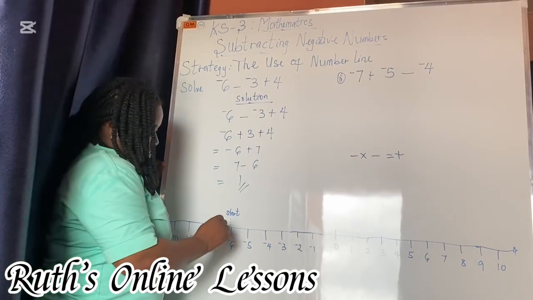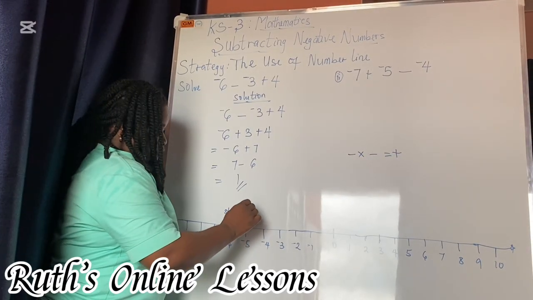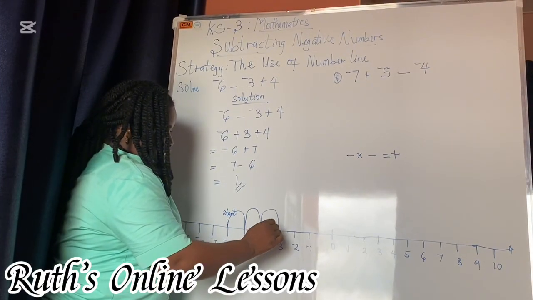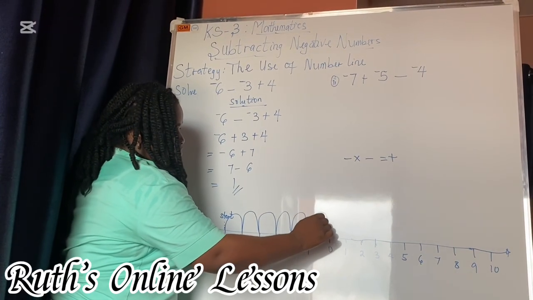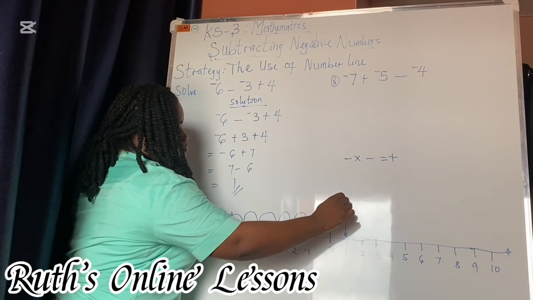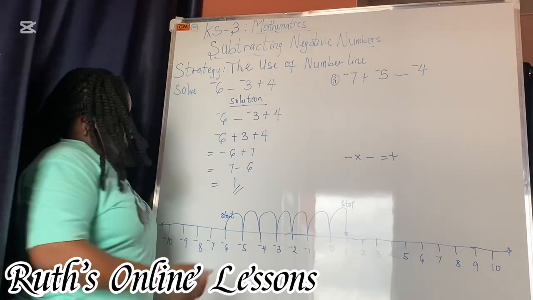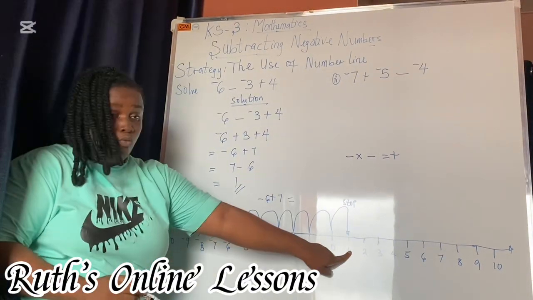So if I start here, this is my first step: 1, 2, 3, 4, 5, 6, 7. Stop. So -6 plus 7 is equal to 1.